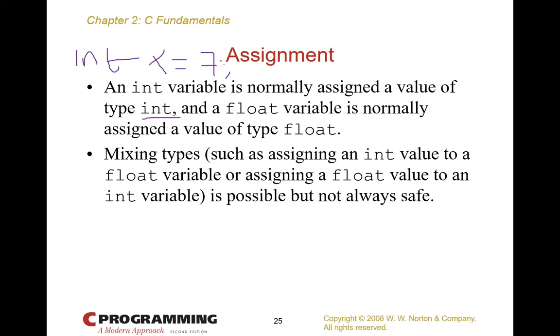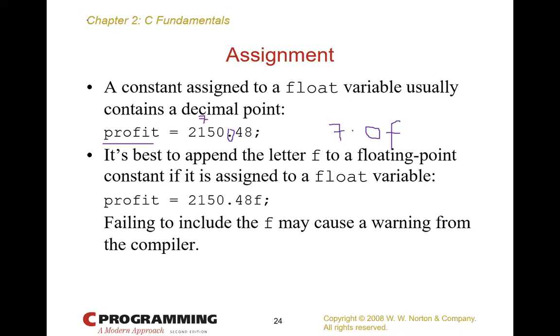We are not saying it is impossible to swap them. If you like, you can assign a floating point value to an integer variable. Something interesting will happen. You can assign an integer value to a floating point variable. Okay, something interesting will happen. I think I already told you here that if you store 7, it will become 7.0.